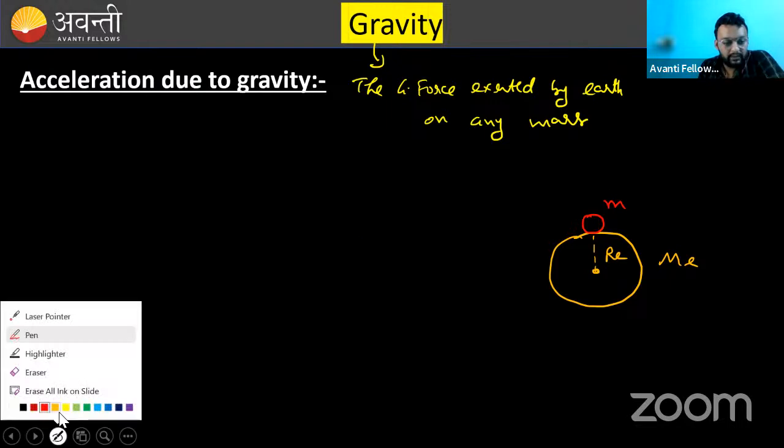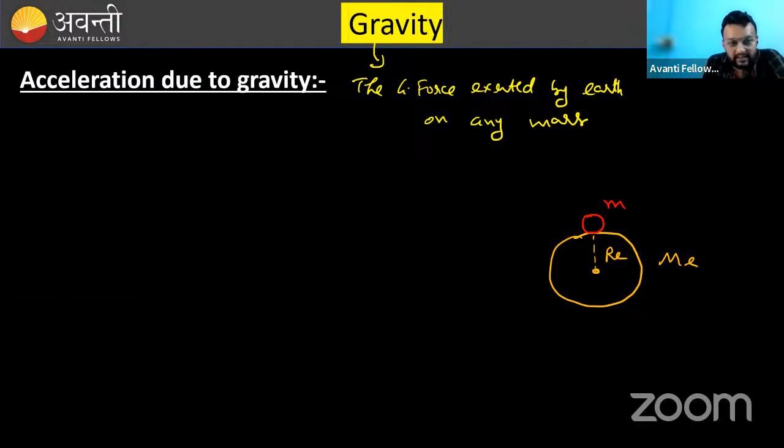Now, what will be the force? You can say that the gravitational force will be equal to G into the product of masses, that is Me into m, divided by separation square. I have taken a very small, or point, object.